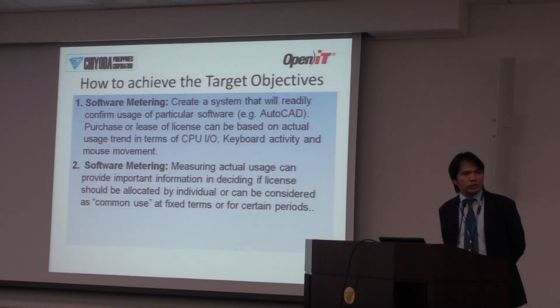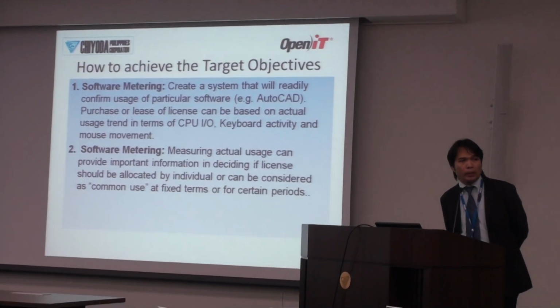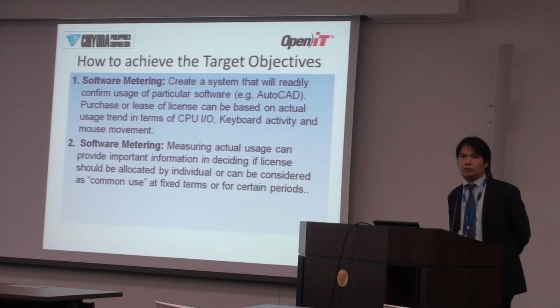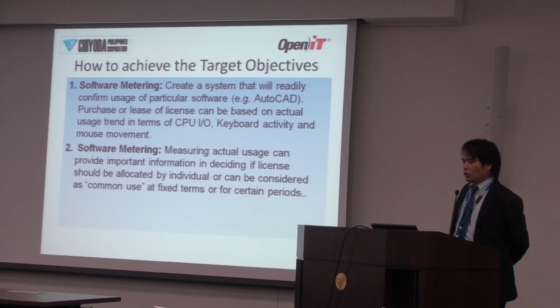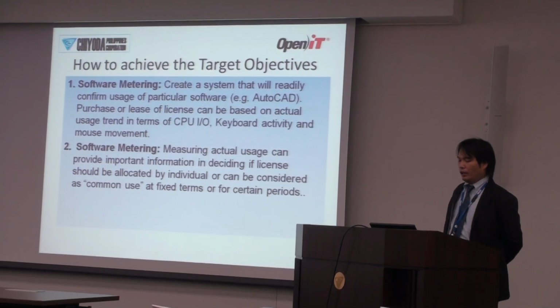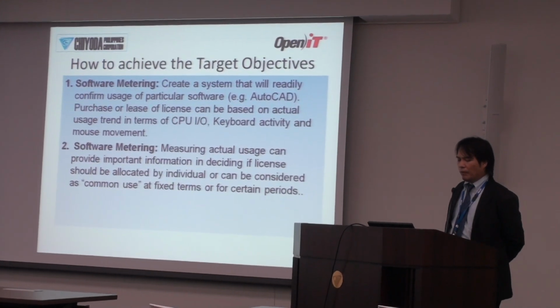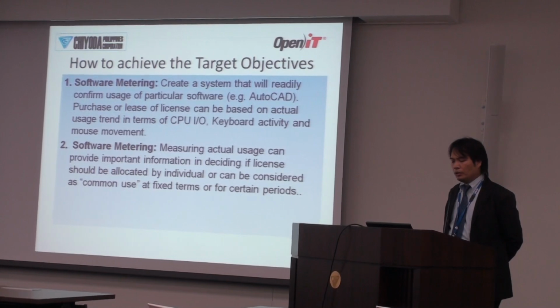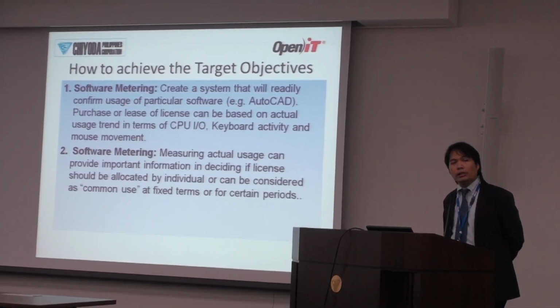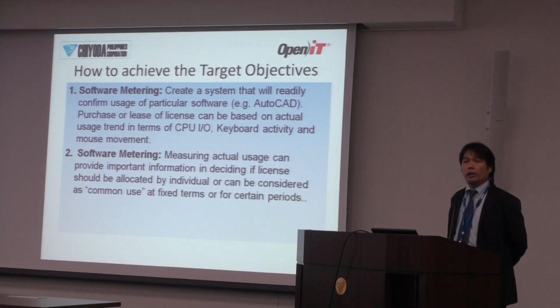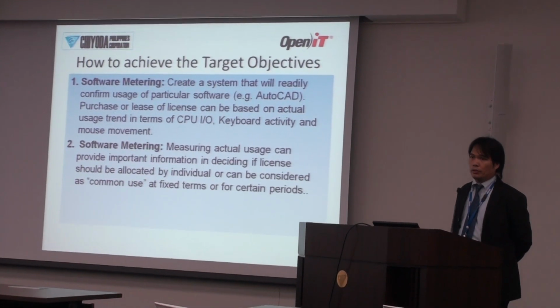So this is how smart this OpenIT application is. Software metering measures the actual usage, providing important information on whether the license should be allocated by individual or considered as common use.